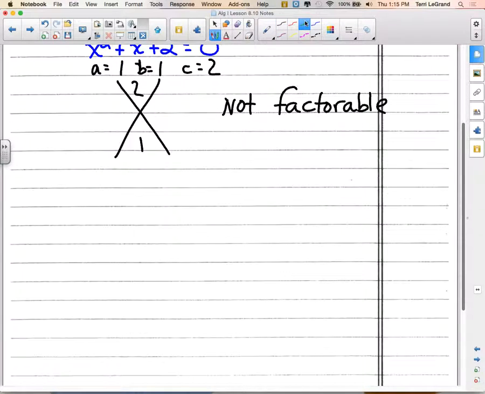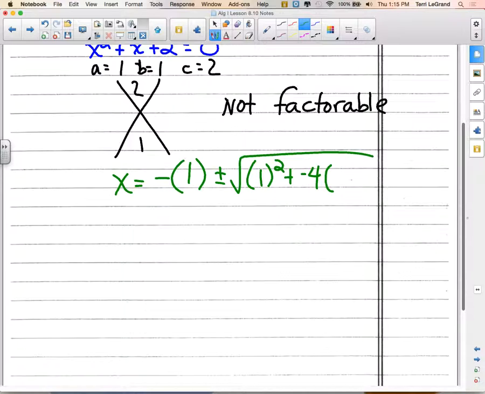X equals the opposite of our B, which is 1, plus or minus the square root of 1 squared, plus a negative 4 times our A, which is 1, times our C, which is 2, all over 2 times 1. That was just the substitution step.